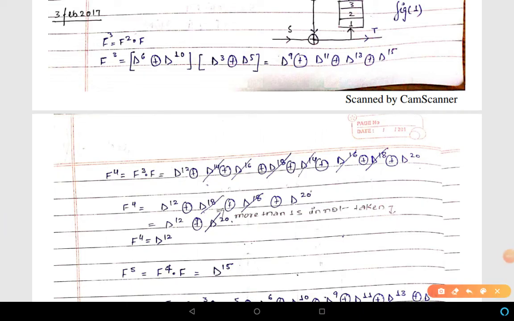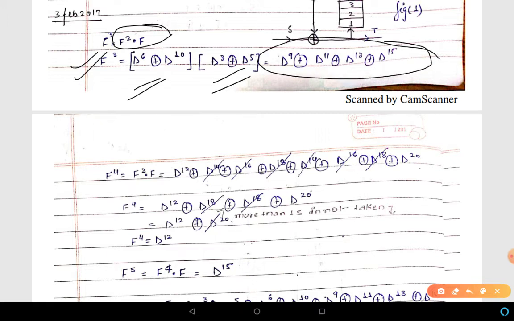Similarly, we will do it for f cube, because in the previous equation we need to calculate f cube as well. f cube is your f square into f. f square is already calculated, f is already known. When we put this value, we will get this. Then we will calculate f4, f raised to the power 4, which is f cube into f.